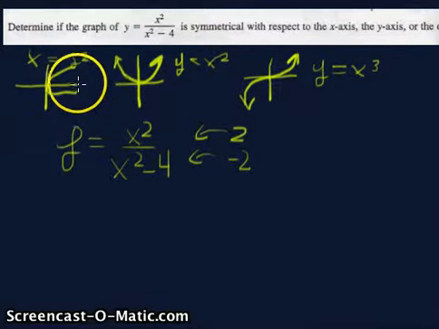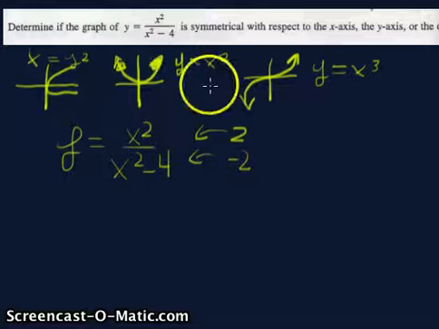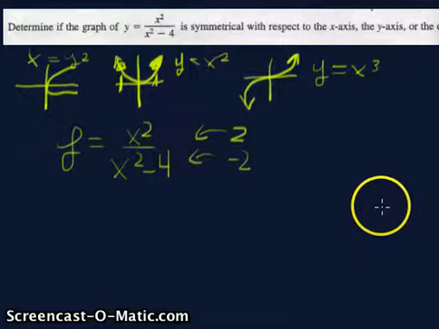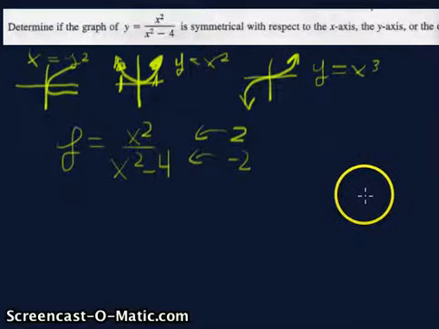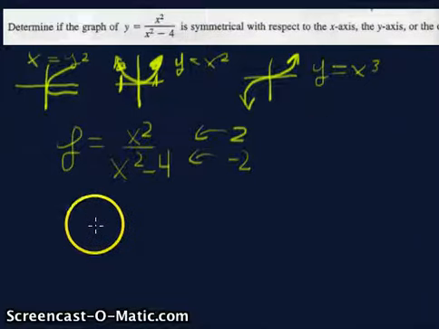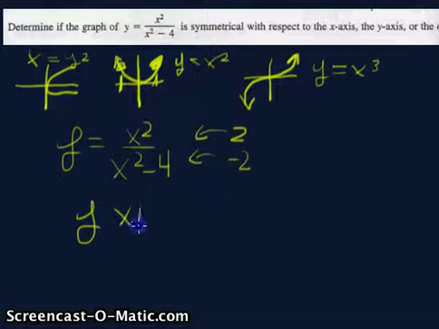If I put a negative 1 in and square it, or a 1 in there and square it, then that is an even function, or symmetric with the y-axis. So the answer, because there's a squared, is symmetric with the y-axis. In that particular case, it's answer choice B.